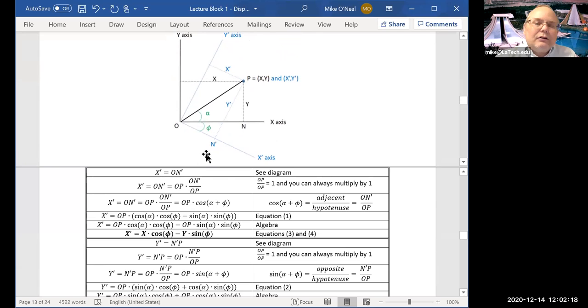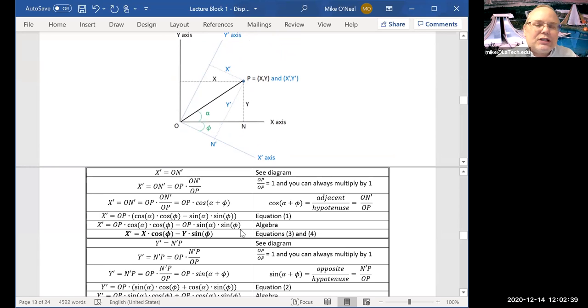Okay. Now, because this is a quantity minus a quantity, and you're multiplying OP by this combined thing, you can break that down to be OP times cosine alpha times cosine phi minus OP times sine alpha times sine phi.